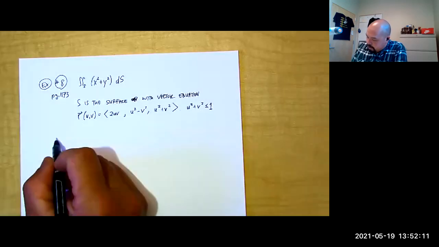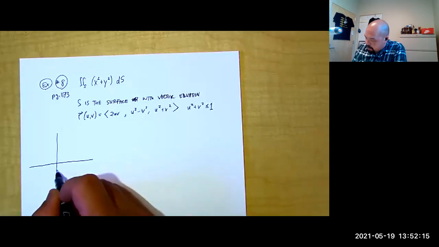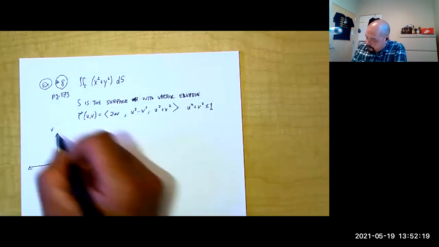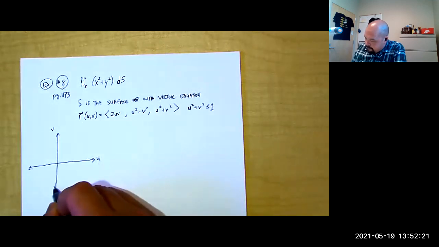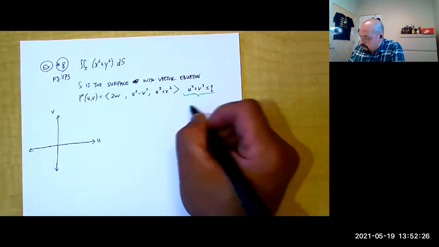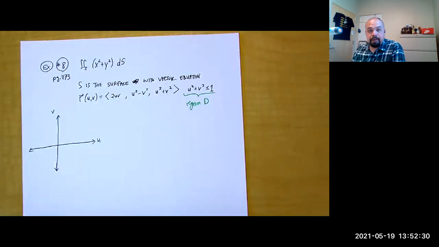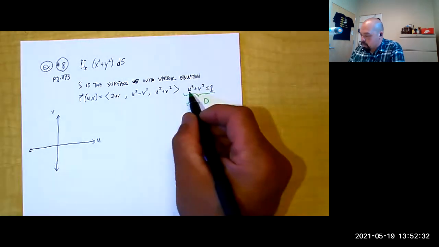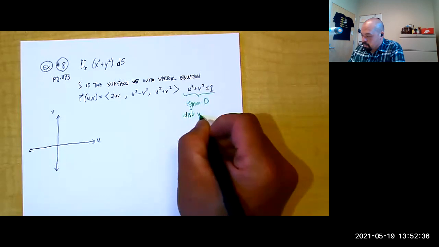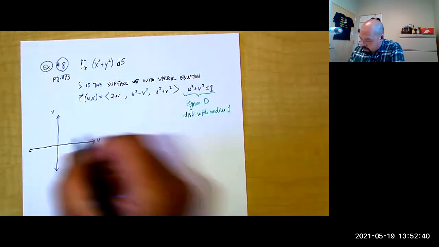Okay, so this portion is like our region D, the domain. And with that u squared plus v squared less than or equal to 1, this is a disk, a circle with radius 1.